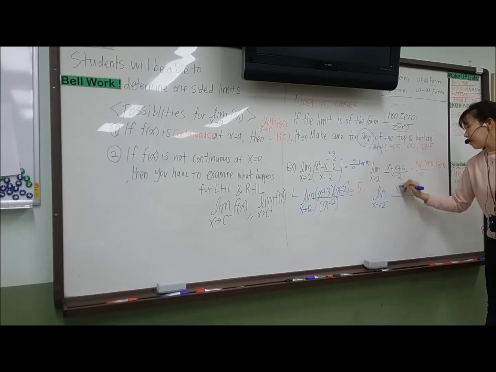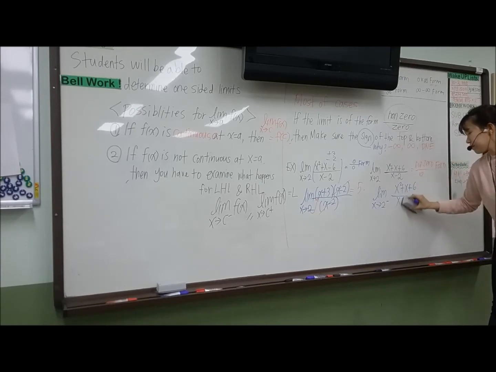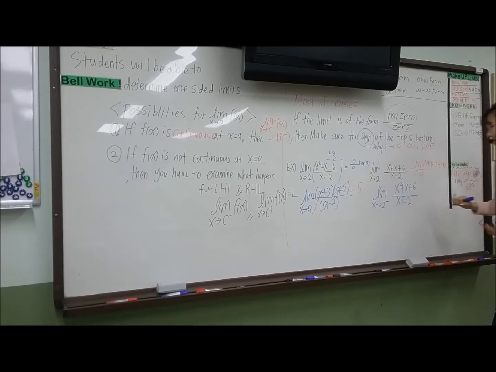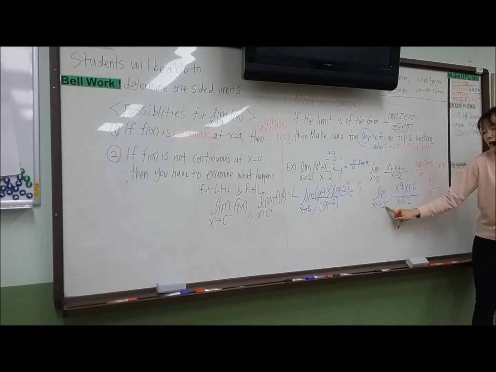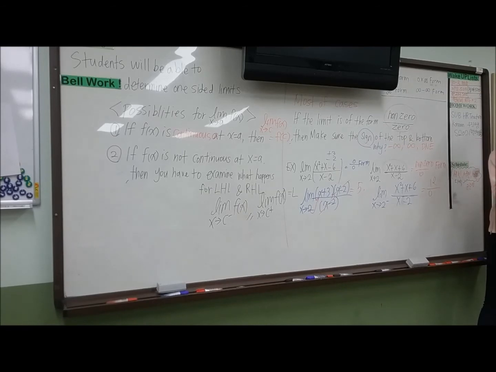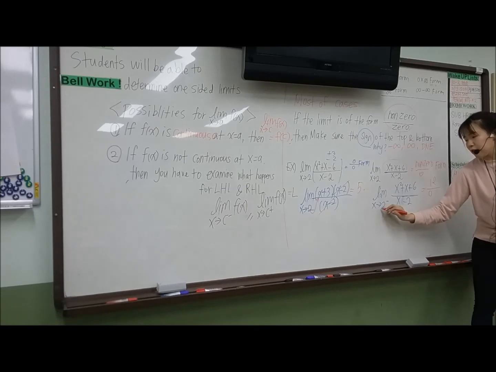Let's look at the limit from the left first. Can you substitute 2 for x on the top? What number do you get? 12. That's correct. What about at the bottom? 0. So it's a non-zero over 0 form, right? But we are approaching 2 from the left. That means not exactly 2, right? So you want to substitute something like 1.9999 there.